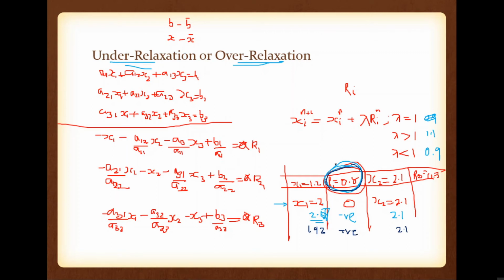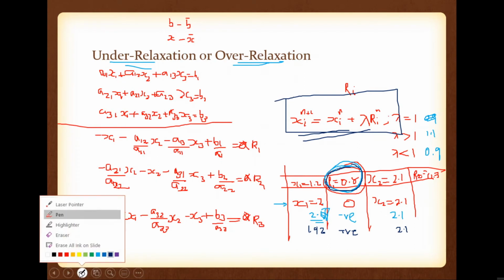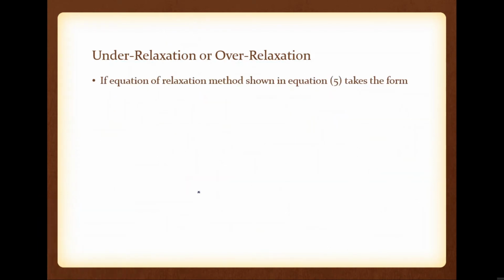So this is under relaxation or over relaxation. Means a slight modification is if you are calculating the new xi value. Otherwise it is same. We are following the same procedure. The only difference is this equation. So this equation is very important. Okay. So this one is an analytical representation of ith equation.